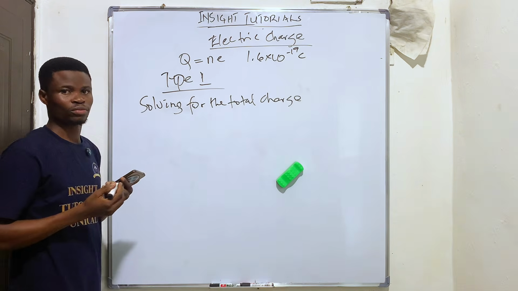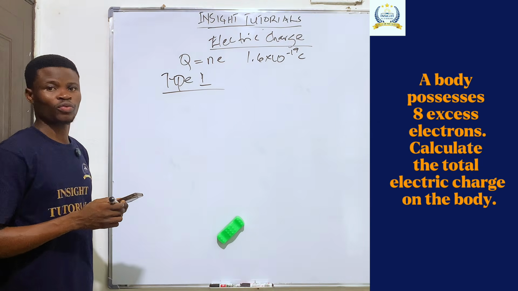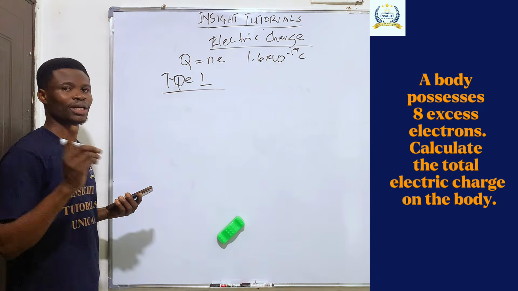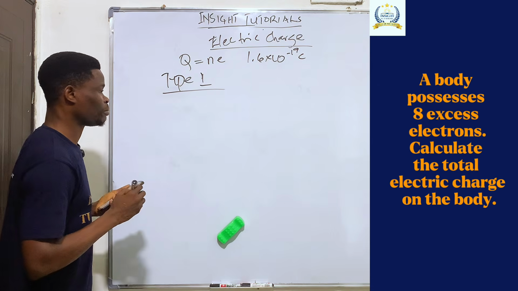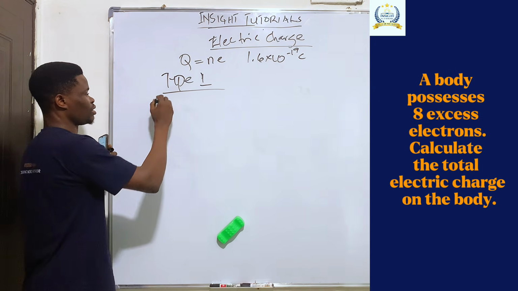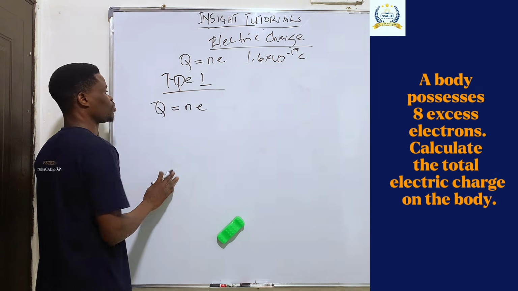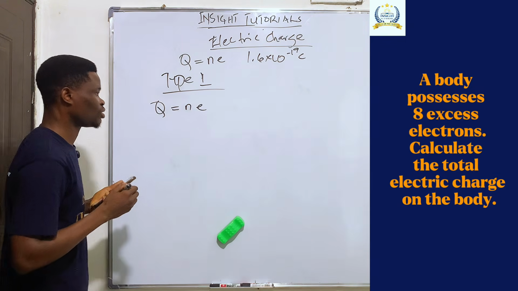Now the question goes, a body possesses 8 excess electrons. Calculate the total electric charge on the body. So from the question over here, we are told to find the total charge on this body that possesses 8 excess electrons. The formula that will aid us to do that is that the total charge is equal to the number, the positive integer, or the number of proton and electron times what?